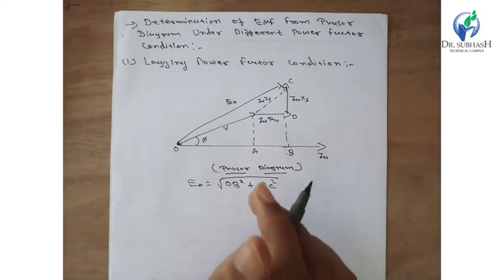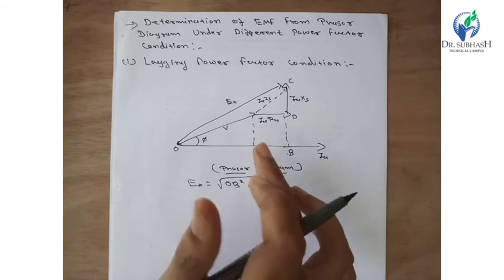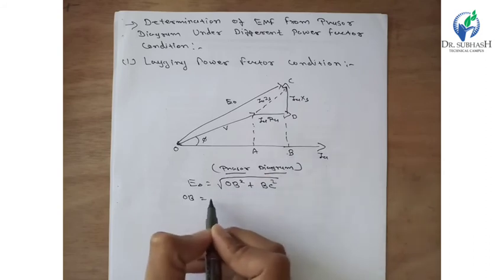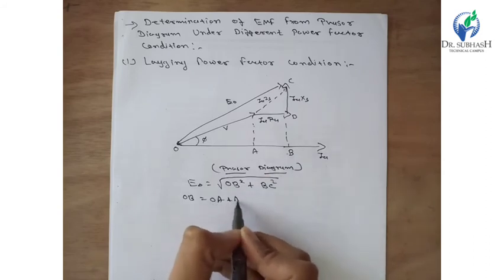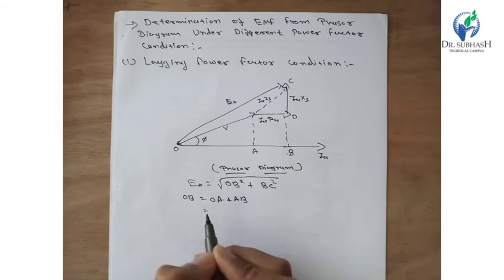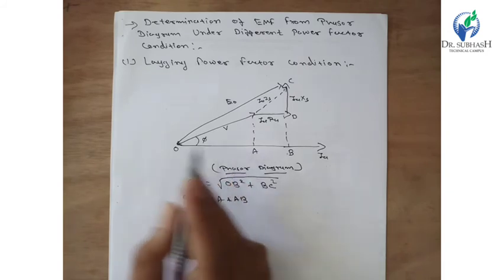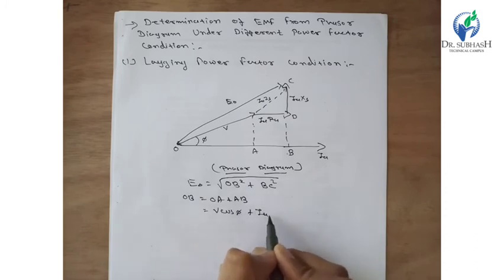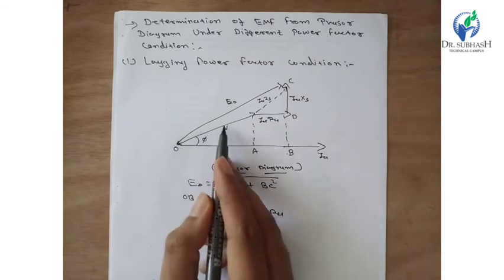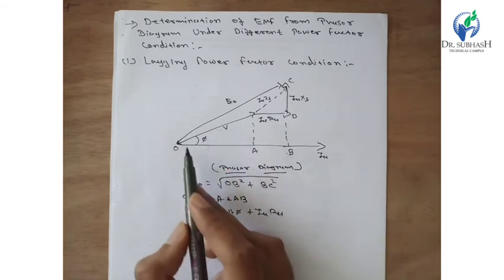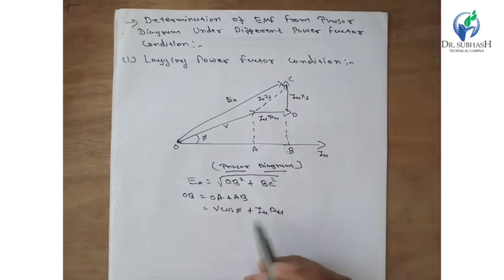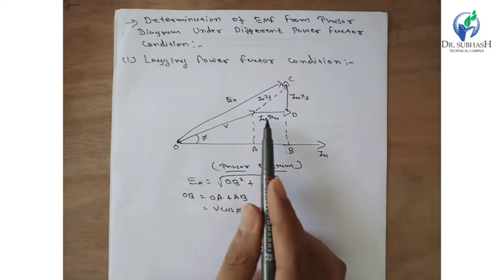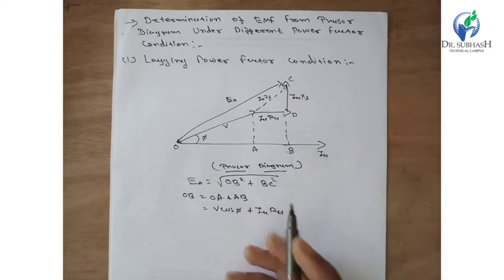By using this figure, we can write the value of OB is equal to OA plus AB. So OB is equal to V cos phi plus IA into RA. There is a cosine of the angle phi, and a direct value of the armature current into resistance, IA into RA.